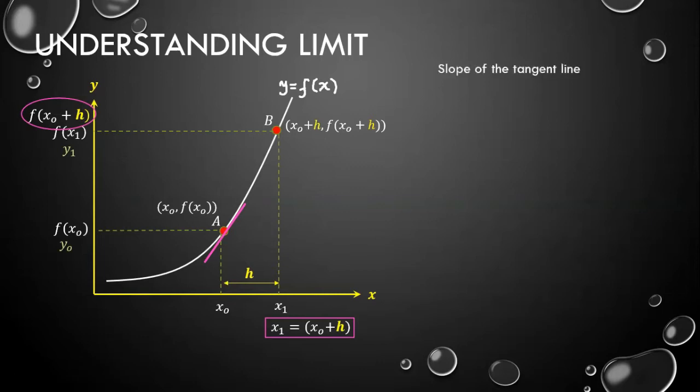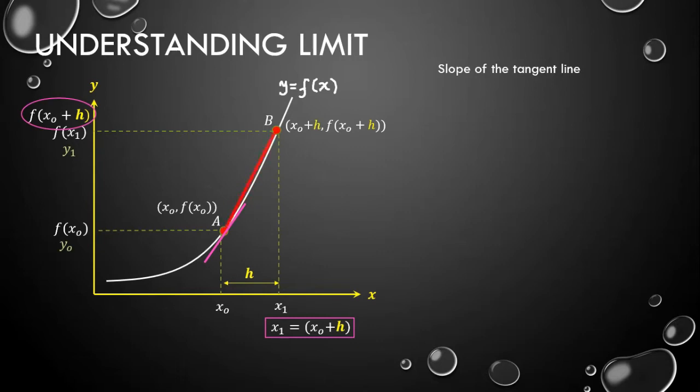Slope of the tangent line. Now, what information will we find from the description of this graph? The first is the slope of the tangent line. Students, what is the tangent line? As I mentioned before, the tangent line is actually the gradient. Look at this graph once again. This is the tangent line.